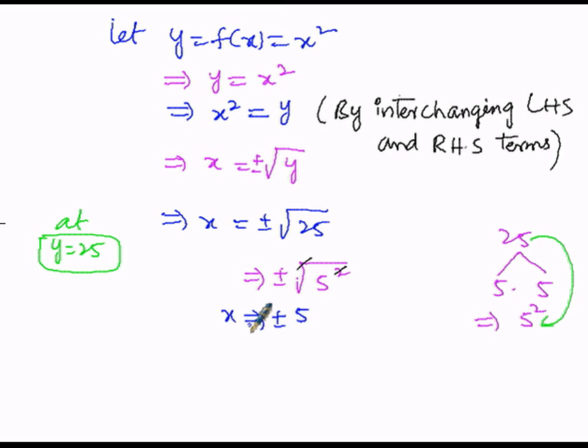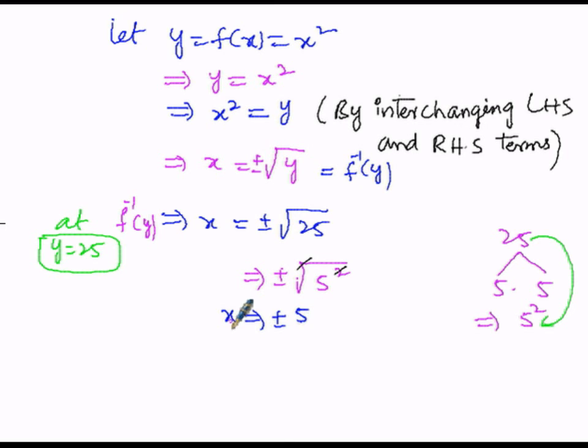So in this manner, x is equal to f inverse of y. So f inverse of y, which is nothing but x, equals plus or minus root of 25, which we simplified and got the value 5.